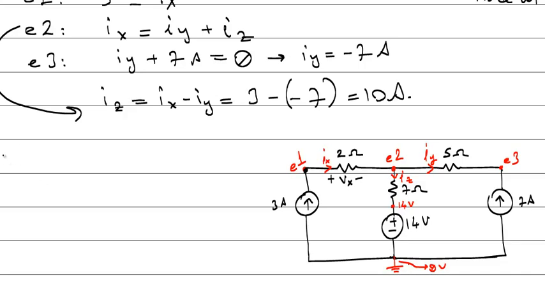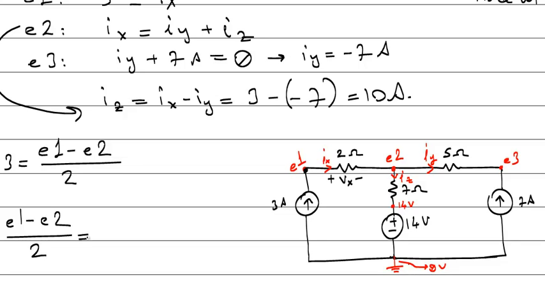Equation 1. 3 is equal to Ix. What's Ix? Positive side node voltage, E1, minus negative side node voltage, E2, divided by the resistance. Okay. The second equation, Ix, what's Ix? Ix is this, E1 minus E2 divided by 2 ohm, is equal to Iy. What's Iy?